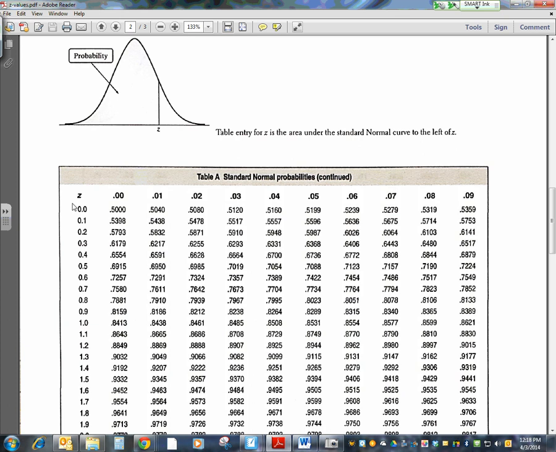So if my z value was 0.39, then I'm going to go to 0.3 all the way over to 0.09, excuse me. Okay, so in this particular problem, the z value corresponds to a probability of 0.6517.